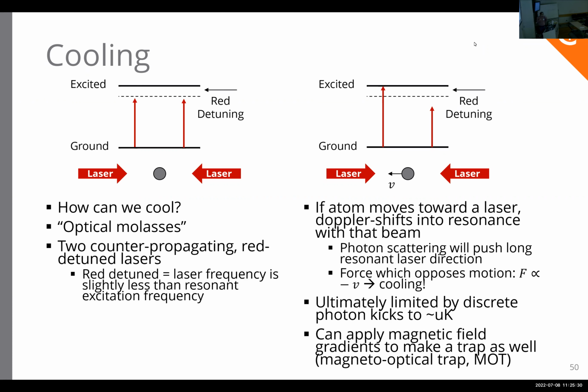Yeah. Is the detuning, is that always fixed, or does that change with the atom's velocity as it cools? That's a great question. The solution to that problem was another Nobel Prize. So yeah, you're right. As the atom slows, the Doppler shift starts changing. And so now this resonance condition is messed up.